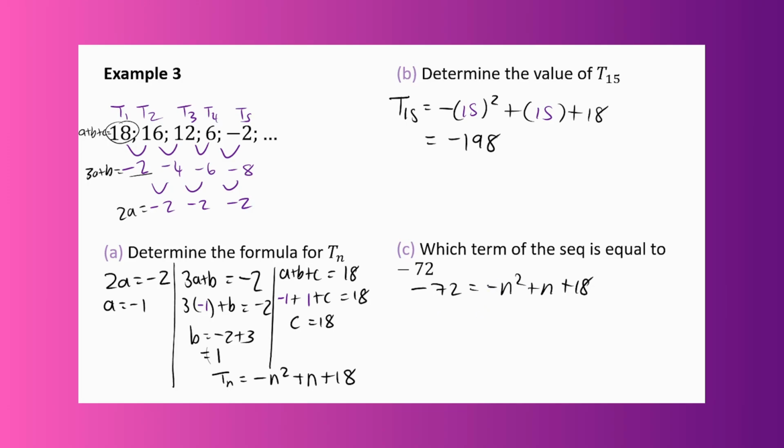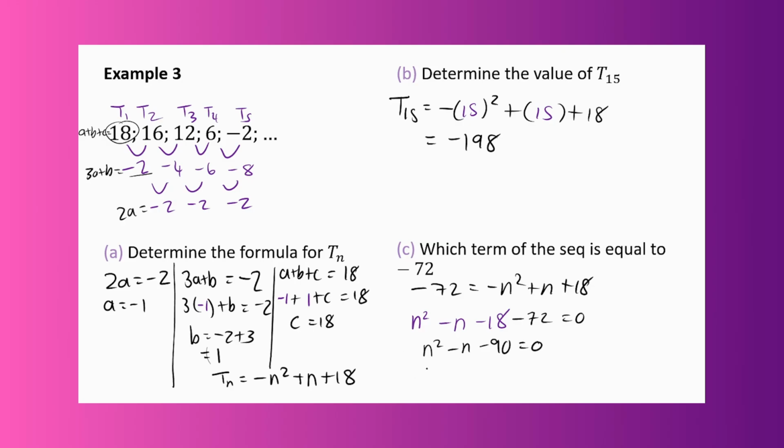Because this is a minus, I would take everything to this side. Doesn't really matter though. So n squared minus n minus 18 minus 72 equals 0. I just changed all these signs so they can move to the other side. So you have n squared minus n minus 90 equal to 0.